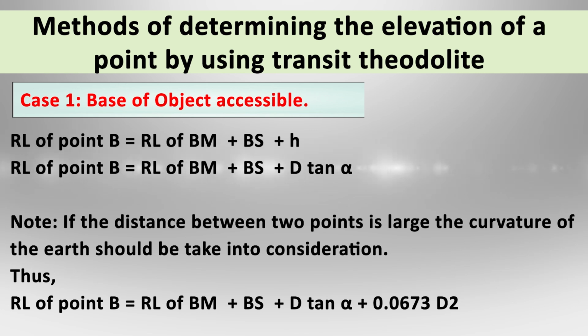If the horizontal distance between 2 points, that is point A and the object, is very large, then the curvature of the earth is also considered, and we will incorporate the combined correction. That is, we will either add 0.0673 d square or we will subtract 0.0673 d square. We have already discussed the sign convention about the correction to be done.